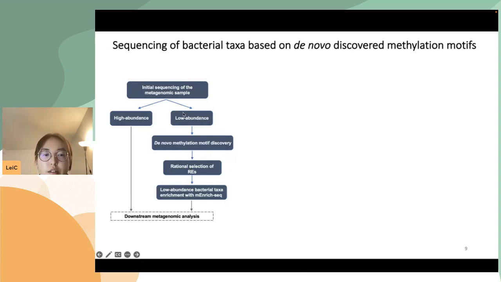For those bacteria with relatively low abundance that cannot have a very good assembly, we use an existing tool to call the methylation motifs de novo, and then select the restriction enzymes rationally according to the motifs discovered. Coupled with these REs, we use mEnrich-seq to enrich the bacterial taxa of interest.